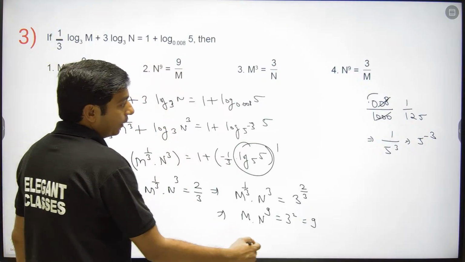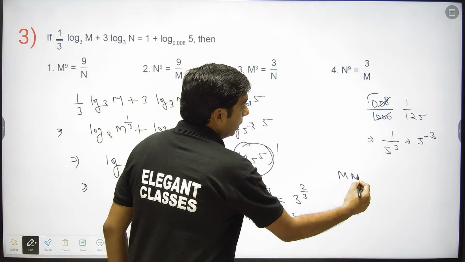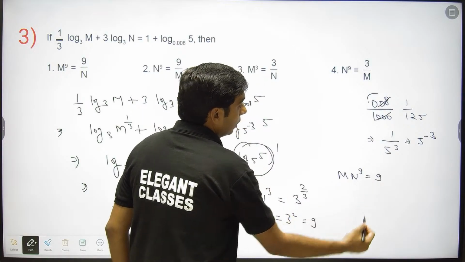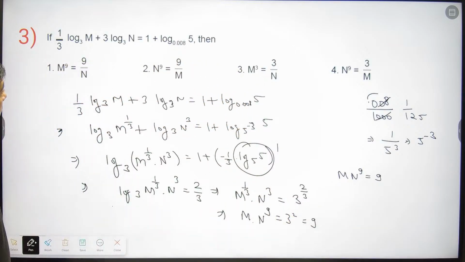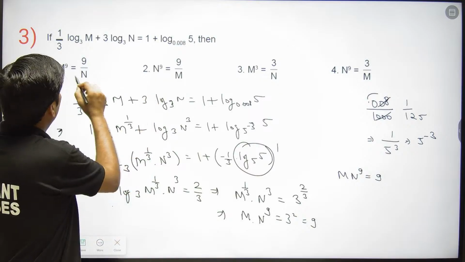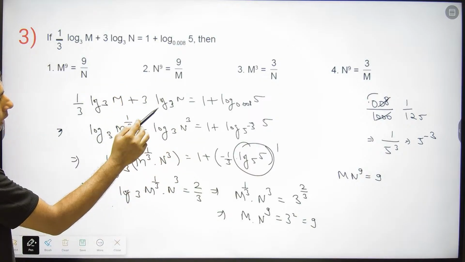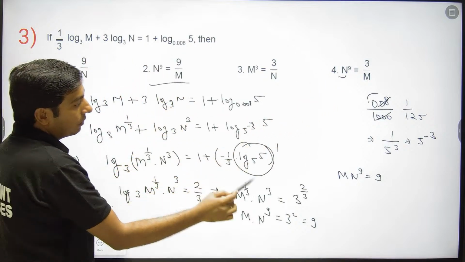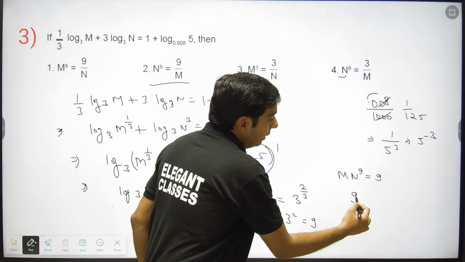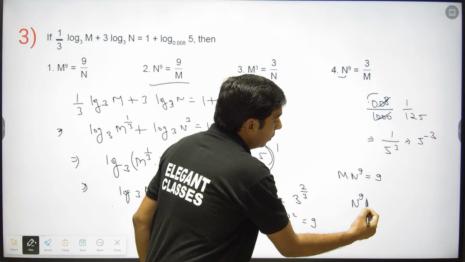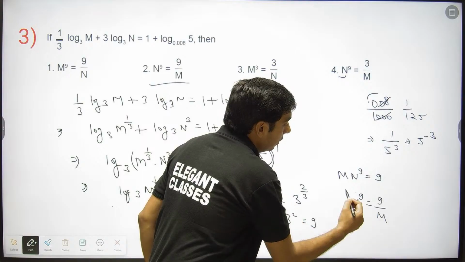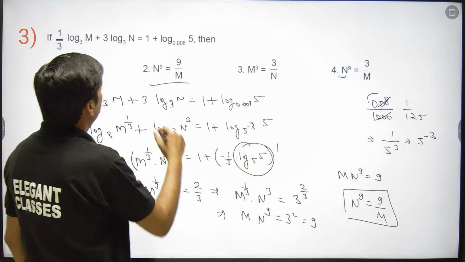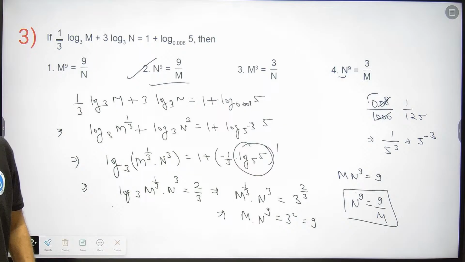So m into n to the power 9 is equal to 9, and we are given the options in this format: n to the power 9 is 9 by m. So the second option is our correct option.